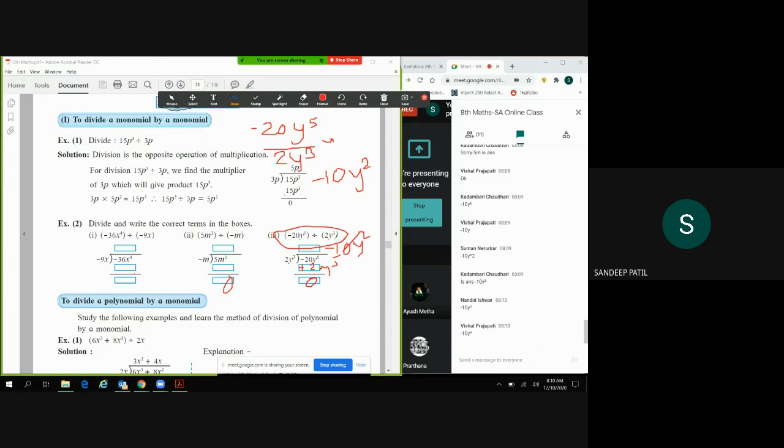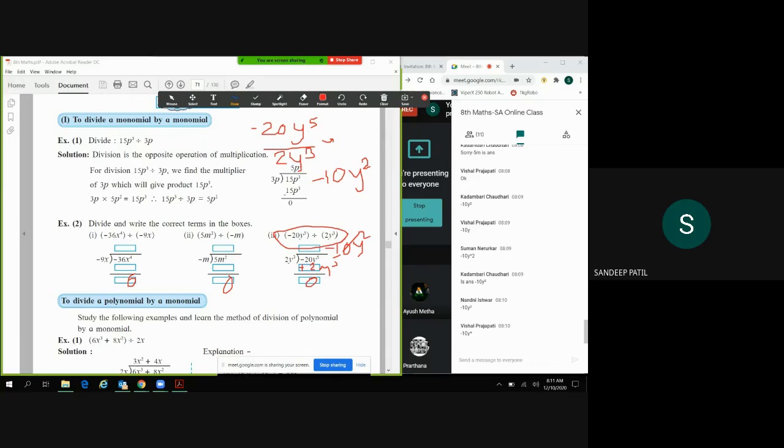So in all these equations, the remainder is 0. Here there is a polynomial which we divide, and whatever division we have carried out so far, the remainder is 0.